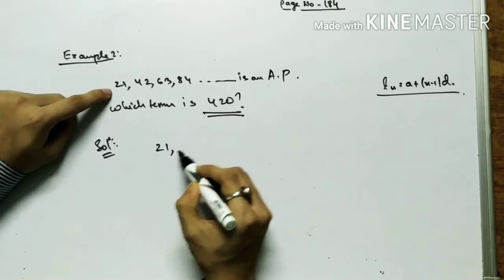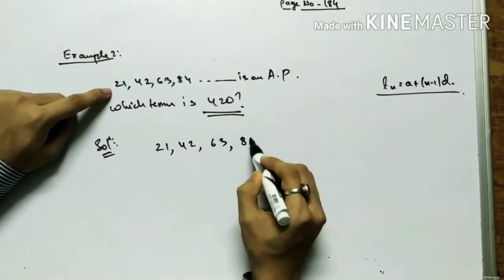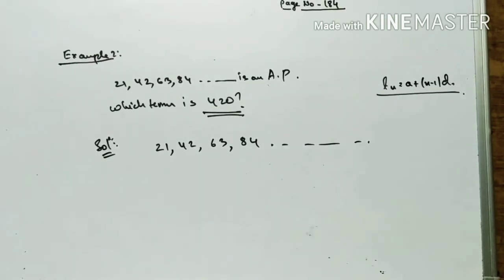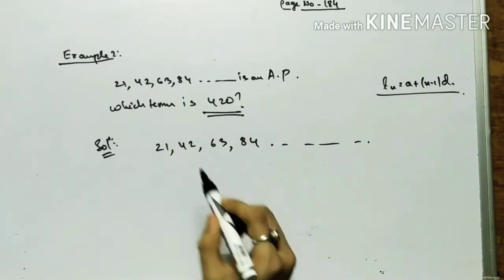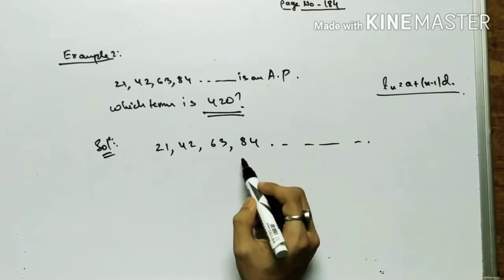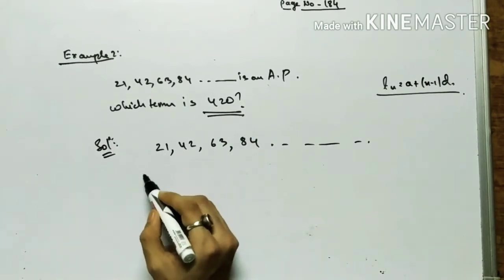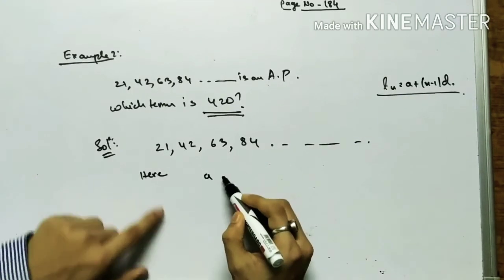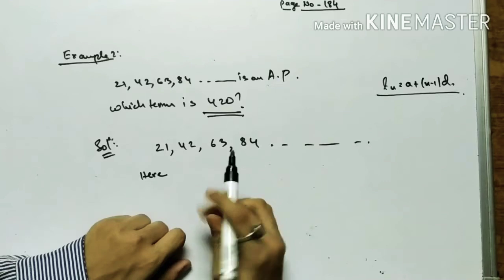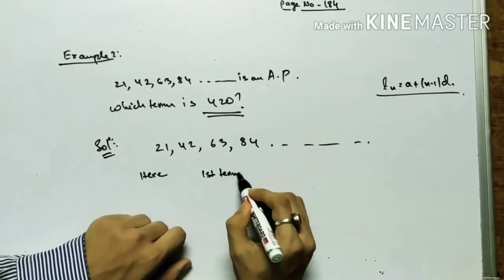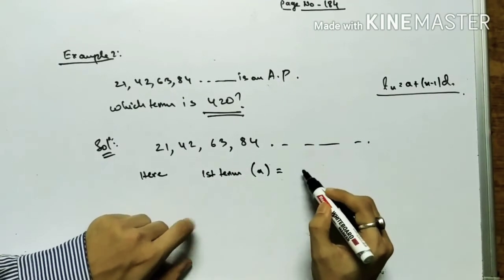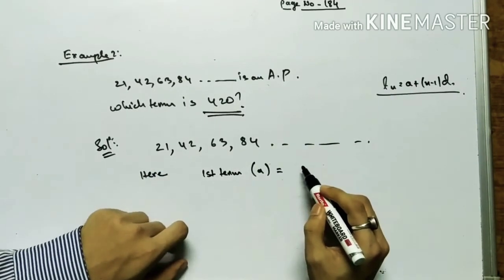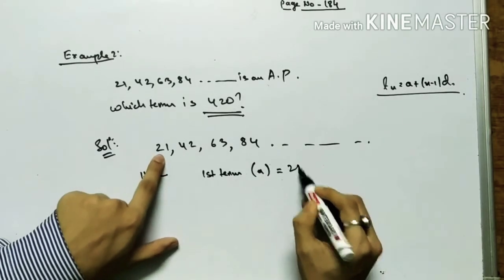So in here our sequence is 21, 42, 63, 84 dot dot dot, and saying that this sequence is an arithmetic progression, then asking which term is 420. So therefore here I will write A, which is the first term. First term A is equals to 21.